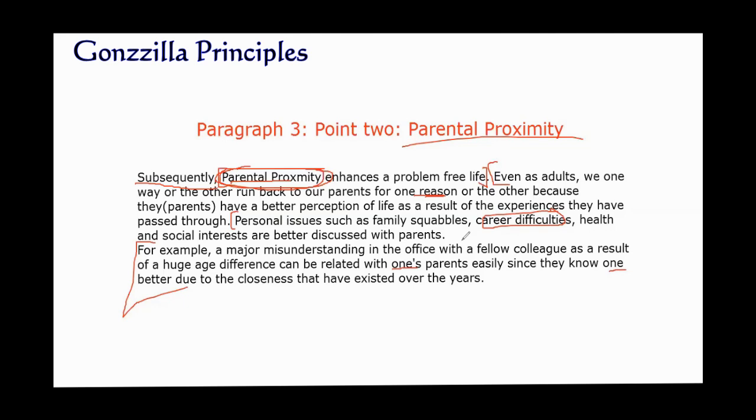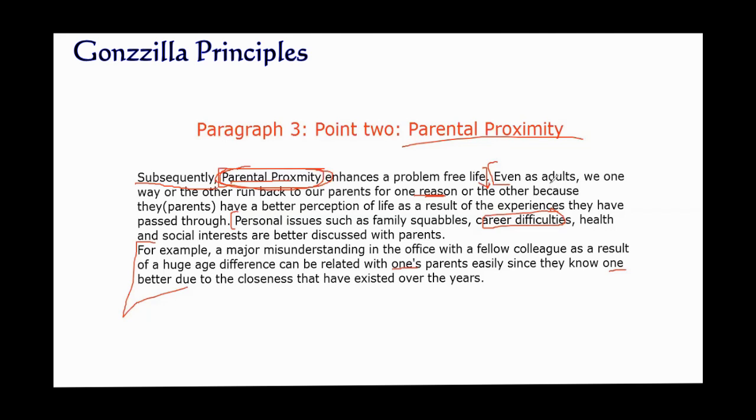So what you've actually gotten out of this is, for every sentence I write, I try to create a keyword or key set of phrases in it, so that when I write another one, I have something to fall back to. So let's look at this paragraph again. I started off with parental proximity enhances a problem-free life, and the sentence ended there.